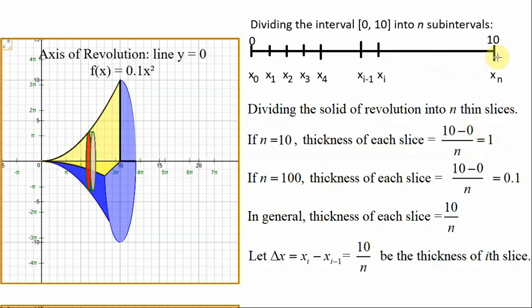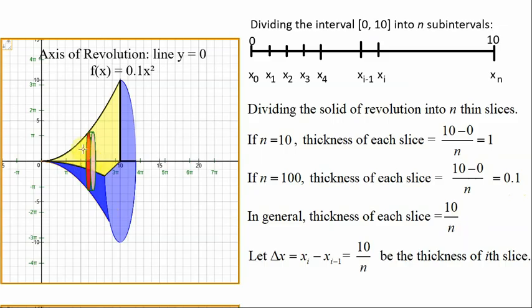But if we divide the interval from 0 to 10 into 100 subintervals, then the length of each subinterval will be 10 over 100, which is 0.1. And so in general, if there are n subintervals, then the length of each subinterval will be 10 over n. And it's going to be the same thing for the thickness of each disk.